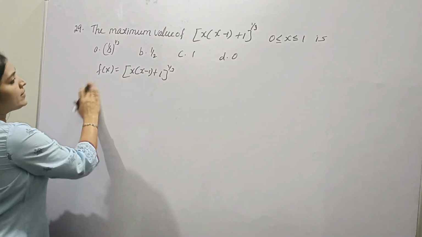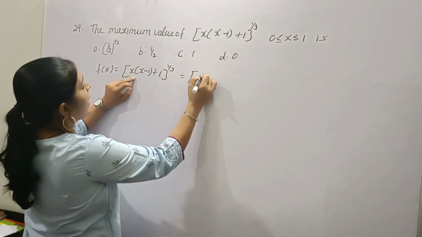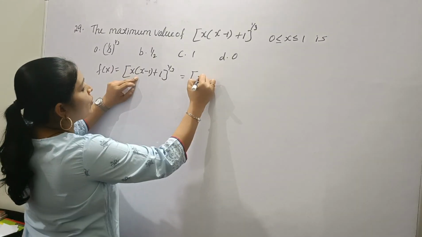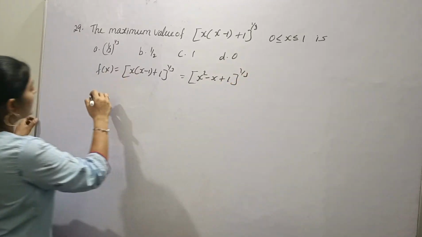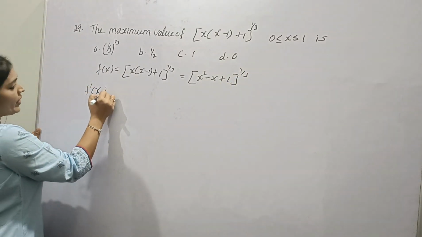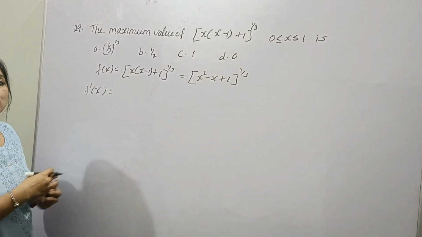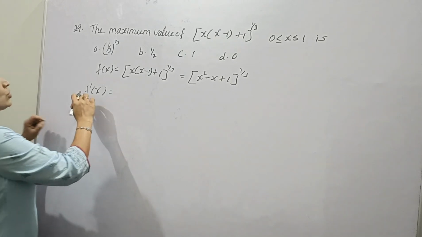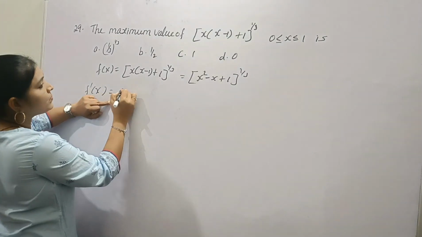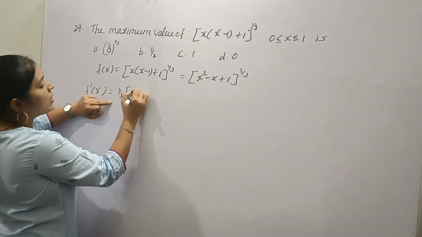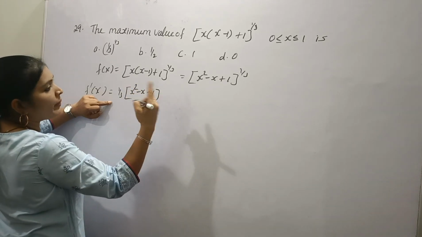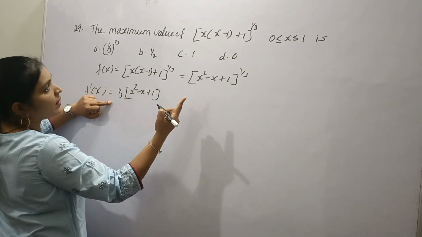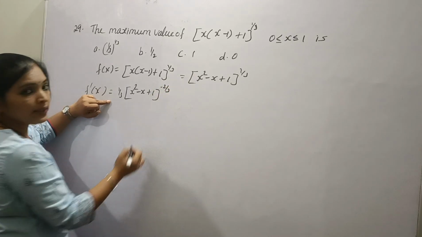We can write it as x into x square, that is x square minus x plus 1, whole raised to 1 by 3, right? Then differentiate it. F dash of x, here we have to find the values of x, that is critical points. So f dash of x is equal to 1 by 3 into x square minus x plus 1, whole raised to 1 by 3 minus 1, that is minus 2 by 3, right?